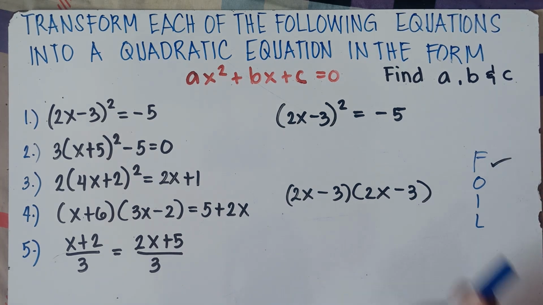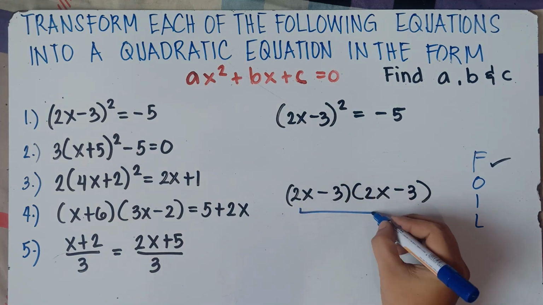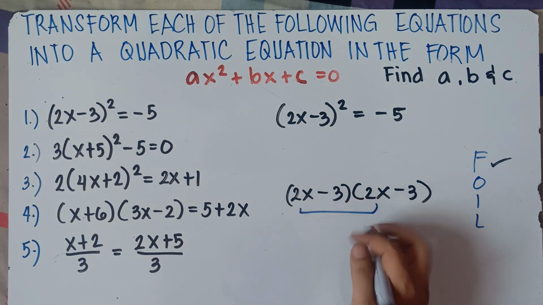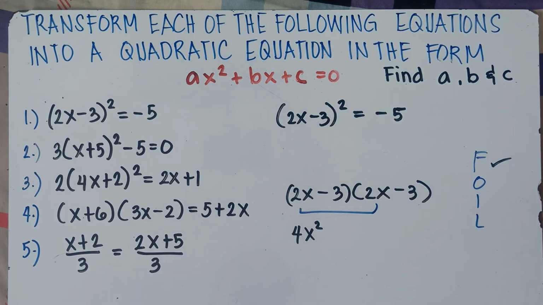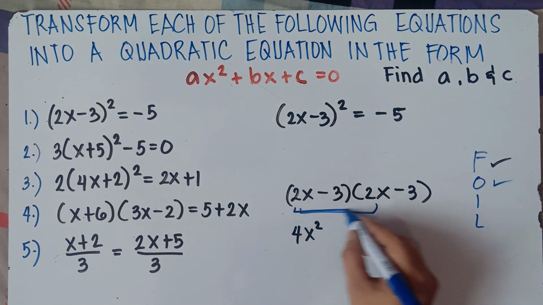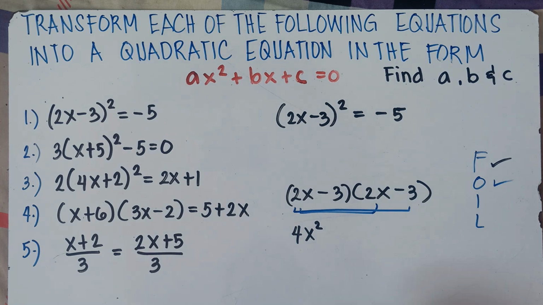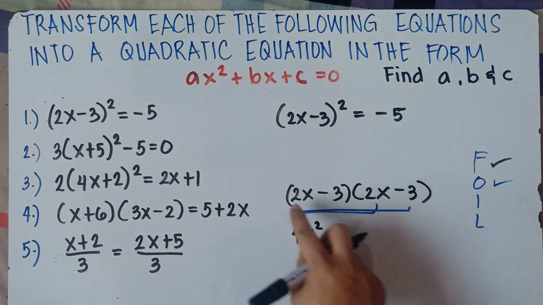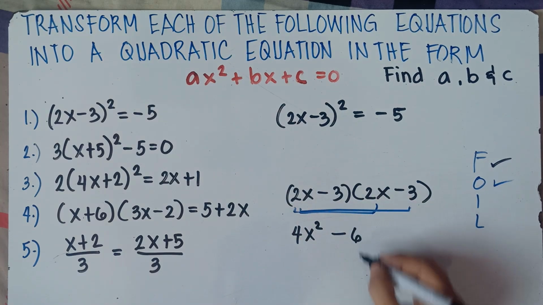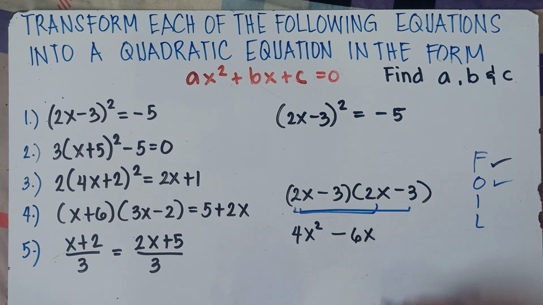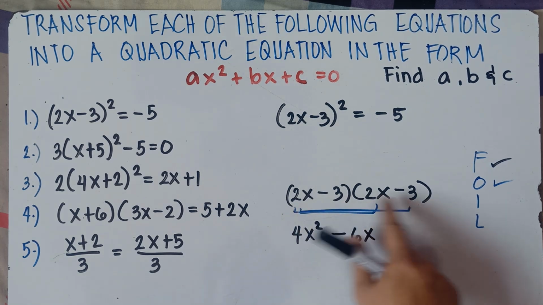First: 2x times 2x, that would be 2 times 2 is 4, x times x is x squared, so 4x squared. And then outer: 2x times negative 3. Positive times negative is negative, 2 times 3 is 6, then simply copy x. Unlike signs, it should be negative.